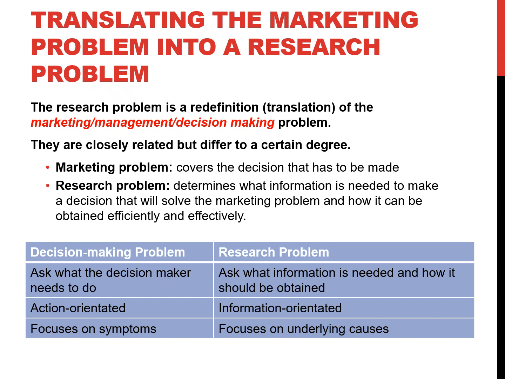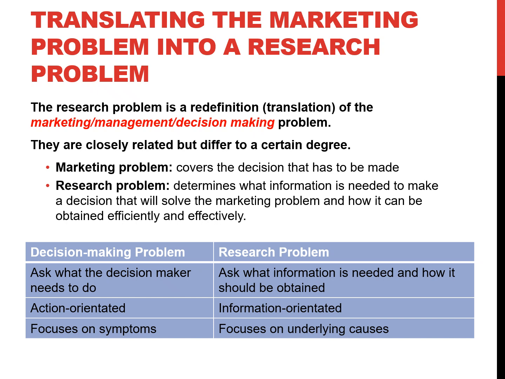So the decision making problem is really what the decision maker needs to do. It's action orientated and really focused on symptoms. So if one thinks about your sales dropping, obviously we need to improve sales or stop the decrease in sales, and that's really the symptoms. That's where we can see that there's actually a problem, as opposed to the research problem, which really asks what information is needed to really understand the source of this problem, the symptoms.